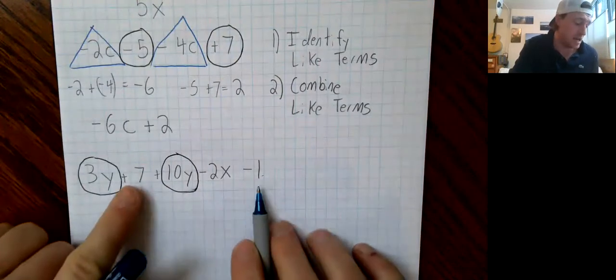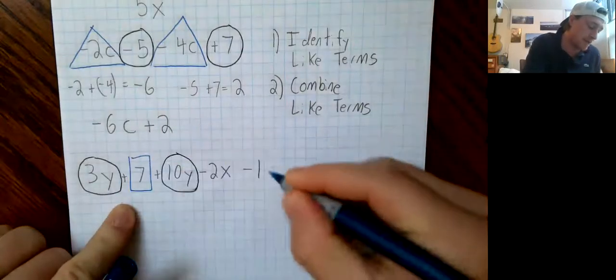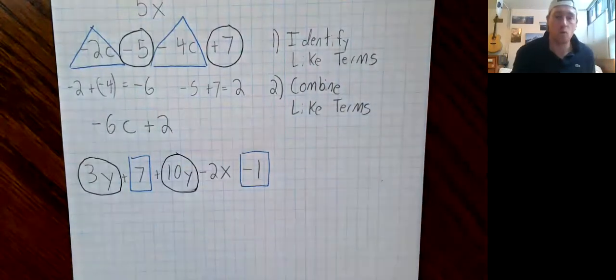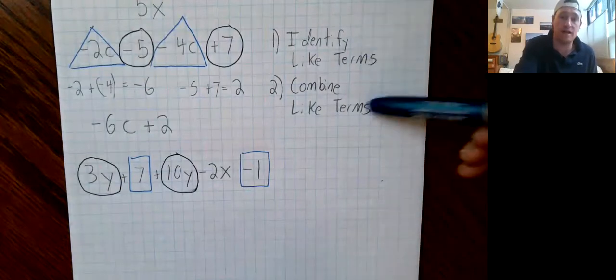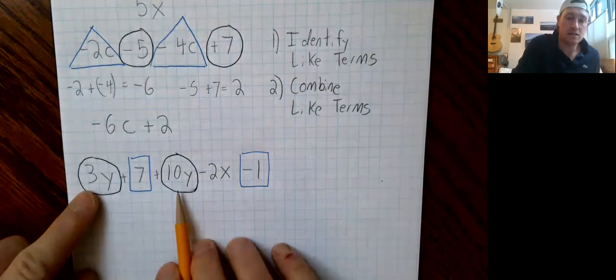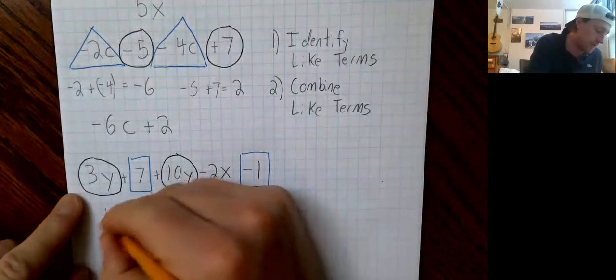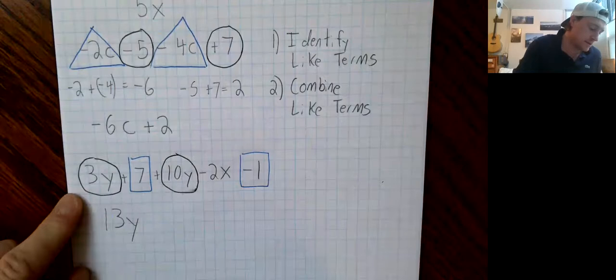But there is another set of like terms. There's this plus 7 and this minus 1. Remember, those are my constants. Okay, I've identified my like terms. Now let's combine. My y's are going to combine as 3 plus 10. That's 13. So now I have 13y.